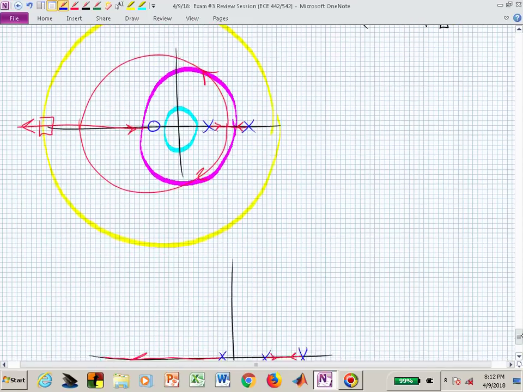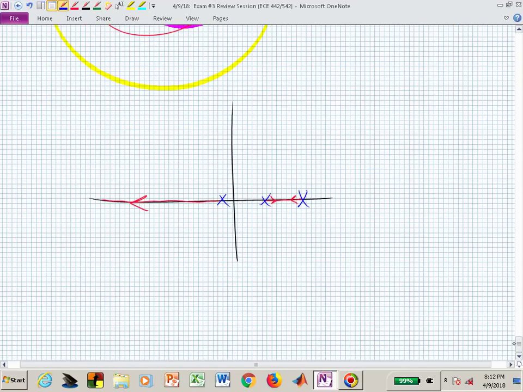Down here, we have 3 asymptotes because we have 3 zeros at infinity. We have 3 branches going off to infinity. The fundamental angle will be 180 divided by 3, or 60 degrees, and the asymptotes will be centered at something called a centroid.